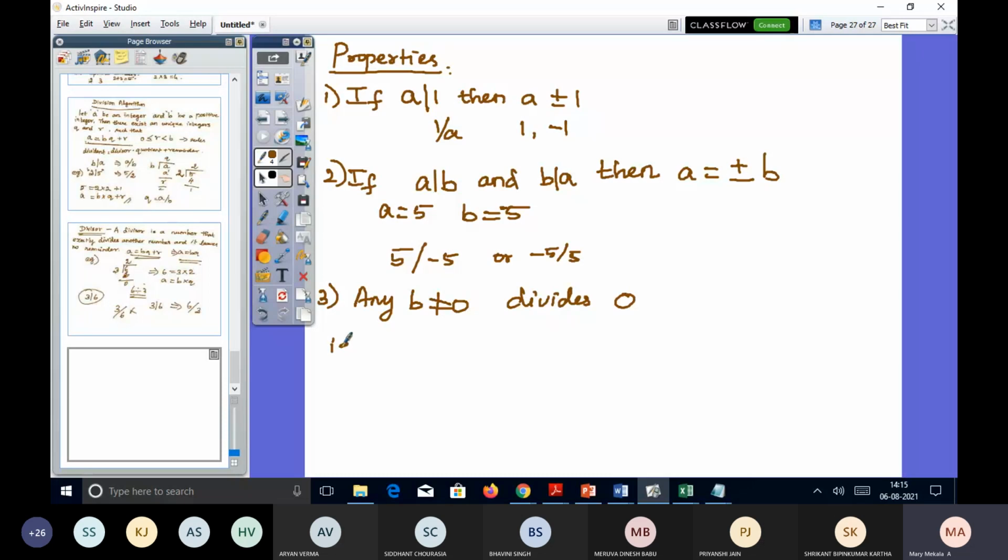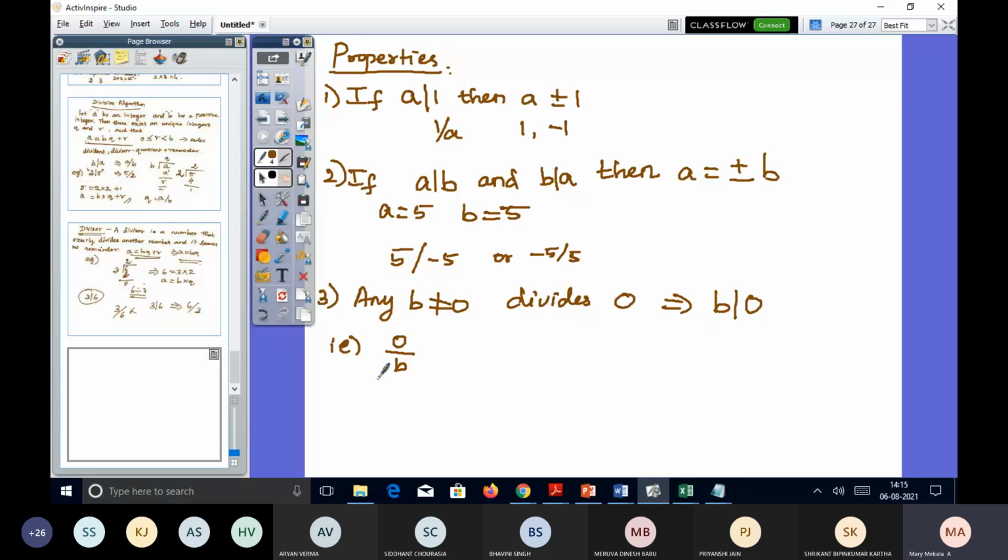The meaning of this is 0 divided by B. B divides 0, so what is the notation? 0 divided by B. So B should be not equal to 0. If B is not equal to 0, definitely we will get the value as 0, isn't it?